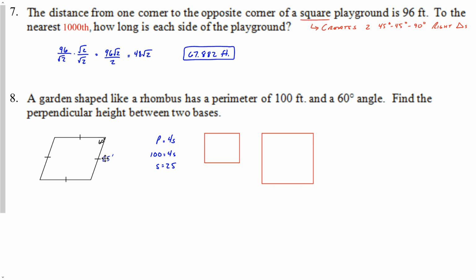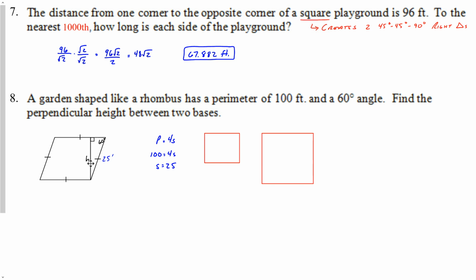Now, the perpendicular height between the two bases, some people have difficulty understanding what that's talking about. So what that is, basically, is a vertical line in this case, just because of how I have the rhombus drawn.